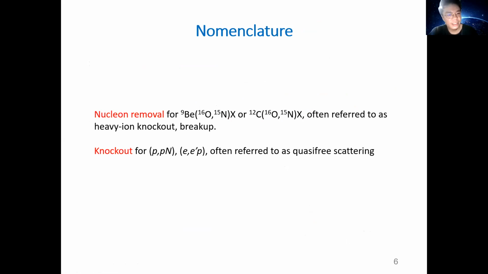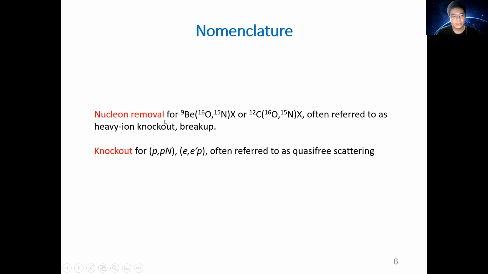Before I proceed further, I would like to try to avoid possible confusion in the later slides. Some nomenclature that we use in our work is that we use the words nucleon removal for, for example, these kinds of reactions, a beam in inverse kinematics impinging on the beryllium-9 target or the carbon-12 target, which people sometimes refer to as heavy ion knockout or sometimes breakup reactions.